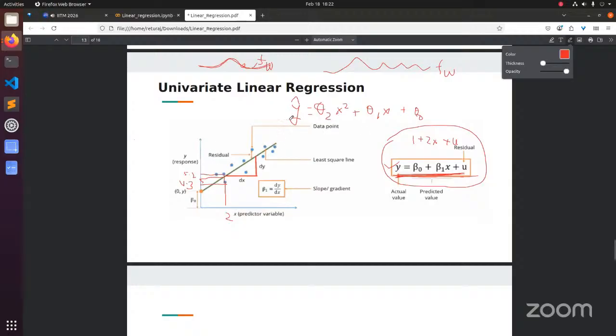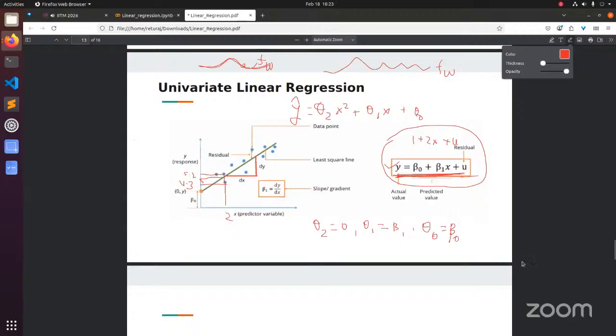If I learn this model from these data points, and if my model is very good, theta 2 should become equal to 0, theta 1 should become equal to beta 1, and theta naught should be equal to beta naught.